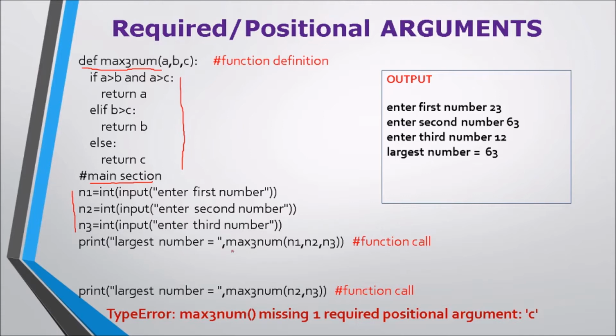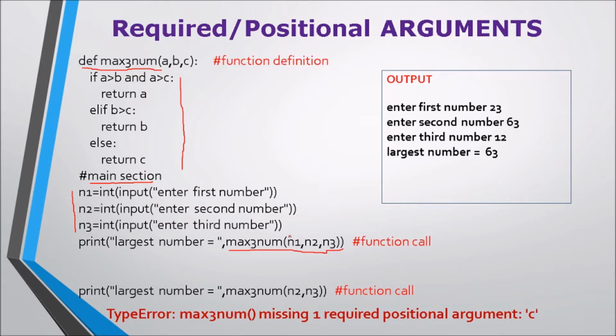To calculate the largest number, I have called this function max3num by passing the values n1, n2, n3. As the number of parameters in the function definition a, b, c is 3, the required number of arguments when we are calling the function must be 3, like n1, n2 and n3. The 3 values must be passed.